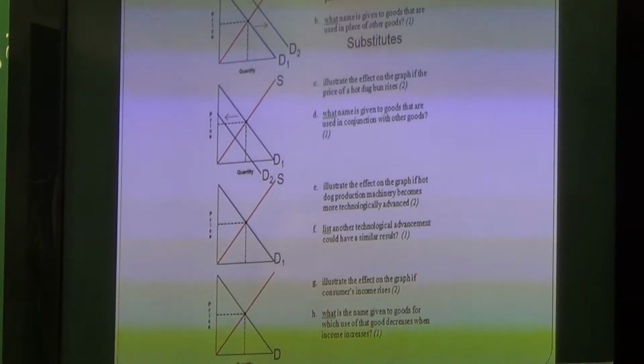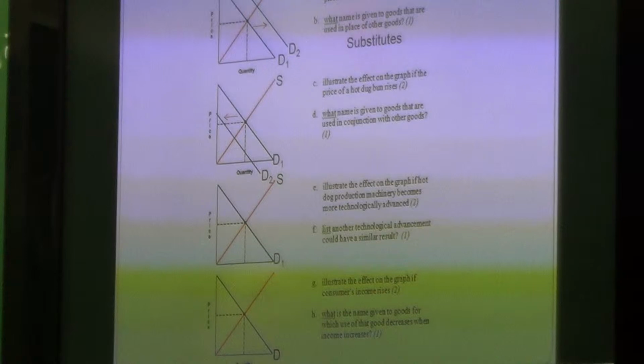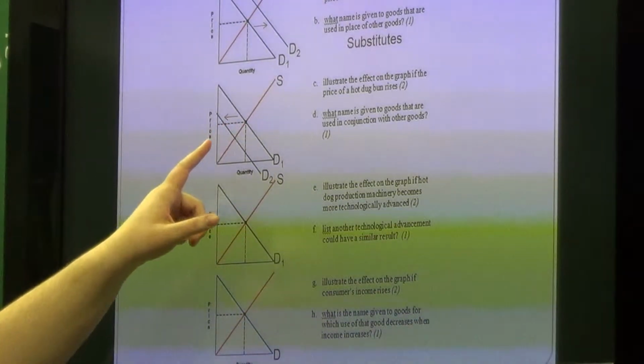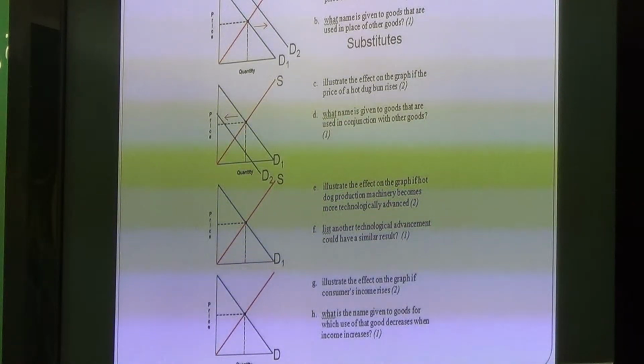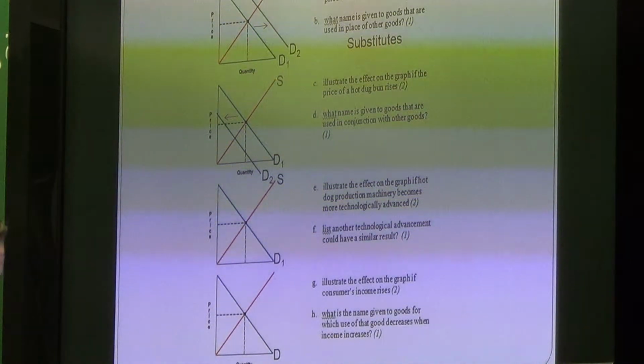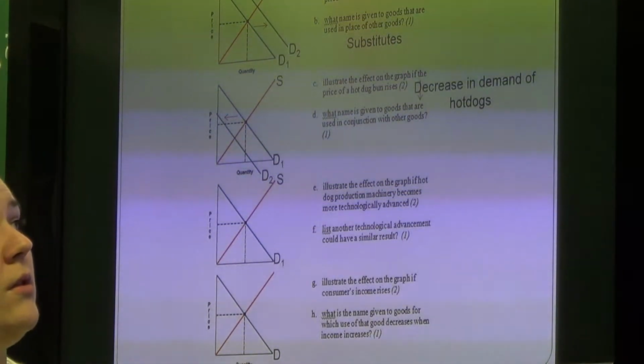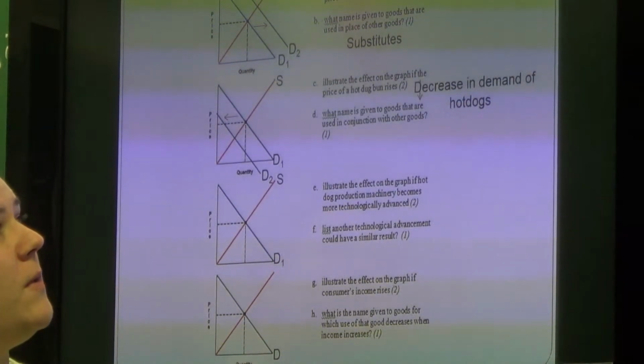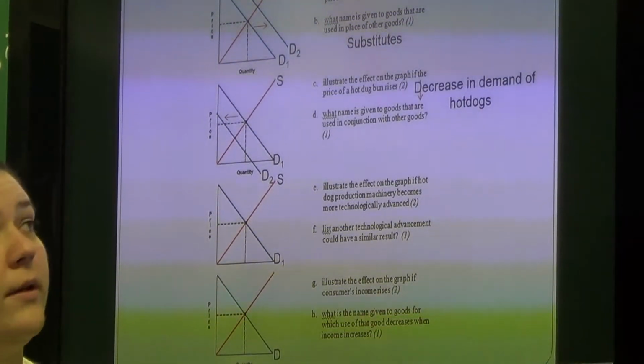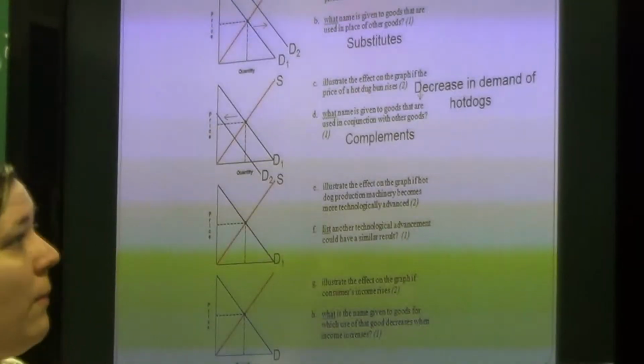So we're gonna shift the demand curve to the left and move from here to our new equilibrium price there, right? So there's a decrease in demand of hot dogs because it's now more expensive to buy the hot dog buns. Those are called complements.